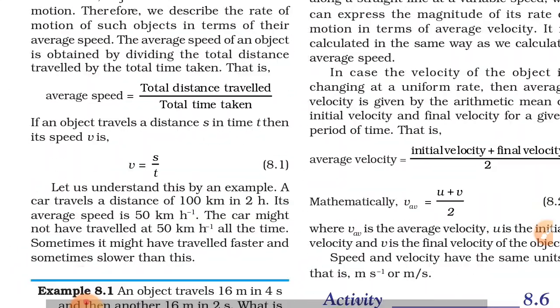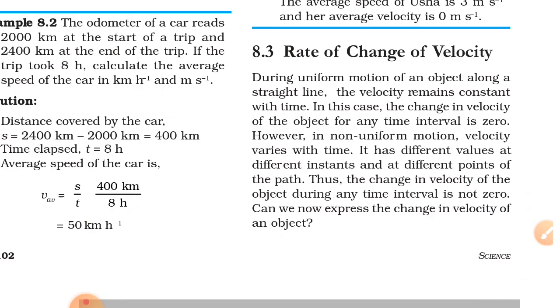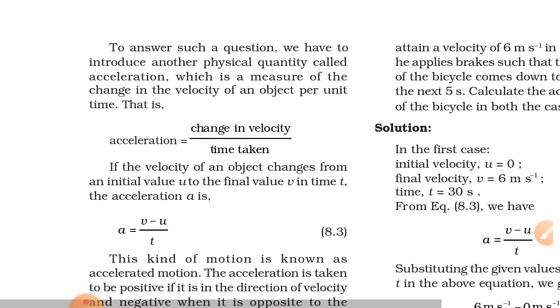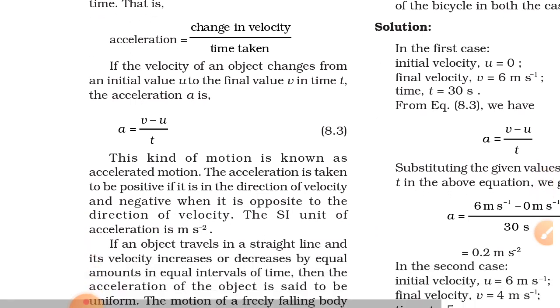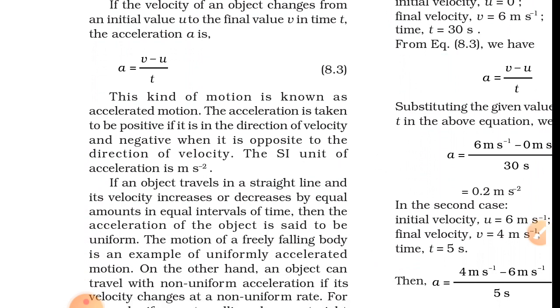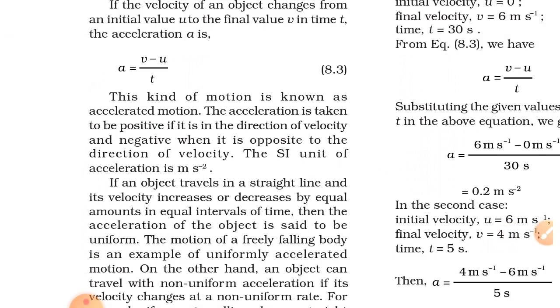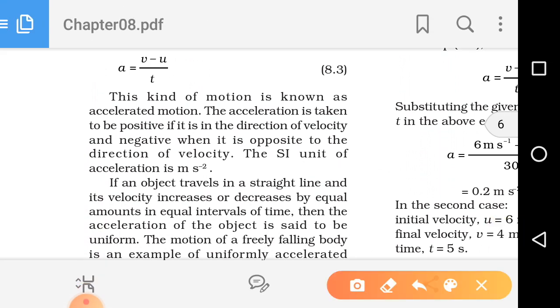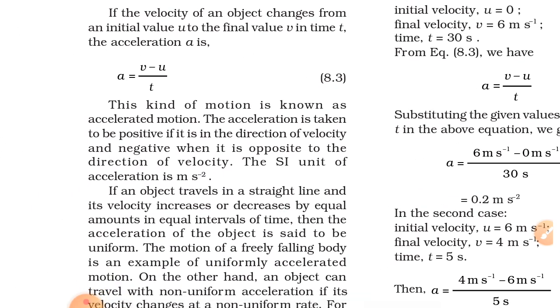So what we discussed right now is acceleration, or we call it rate of change of velocity. What is acceleration? Acceleration is rate of change of velocity, which can be denoted as v minus u divided by t. Here you have to consider one more thing, the SI unit of velocity.